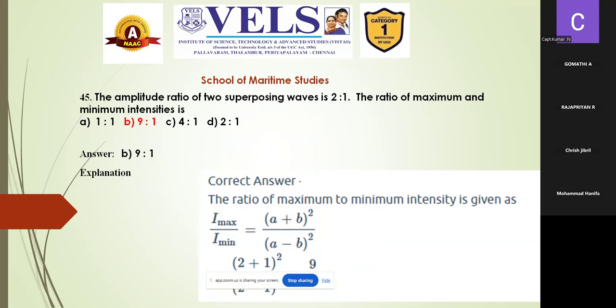We can write 2 plus 1 whole square divided by 2 minus 1 whole square. 2 plus 1 means 3, so 3 square is equal to 9, divided by 2 minus 1, which means 1, and 1 square is equal to 1. So the answer is 9 by 1. The ratio of maximum and minimum intensities is 9 is to 1.